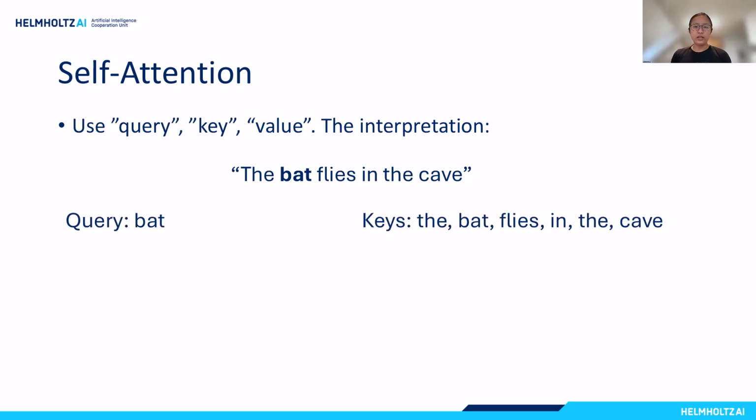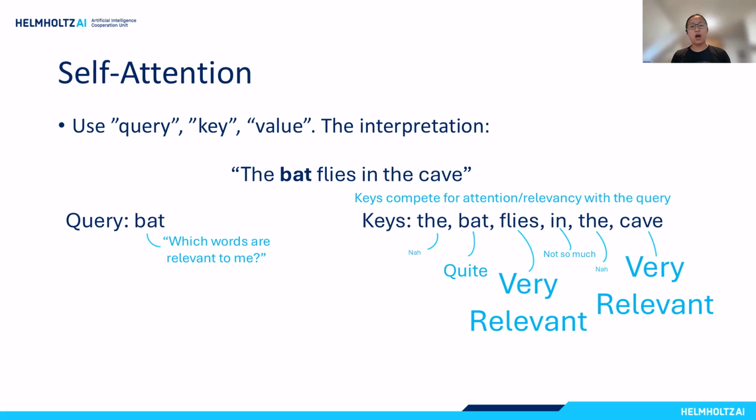So the query is bat, and the keys are each of the other words. The query represents what the current word bat is looking for, in other words. You can think of it as a question like, which words are relevant to me?